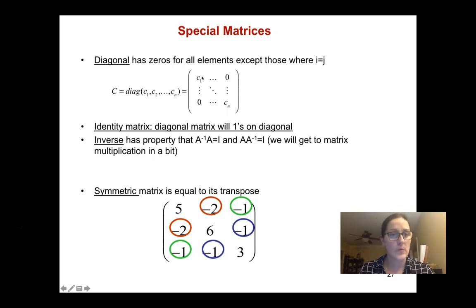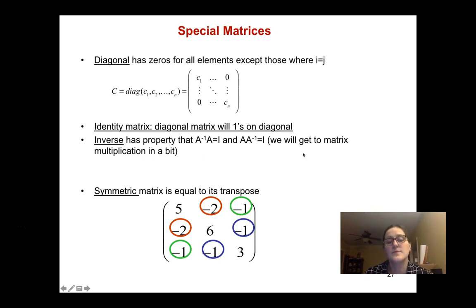My element 1,1 will be non-zero, then element 2,2, 3,3, and so forth to element n,n. Sometimes I will refer to that as diagonal of a row of values. An identity matrix is a special matrix where I have ones on the diagonal, only ones.